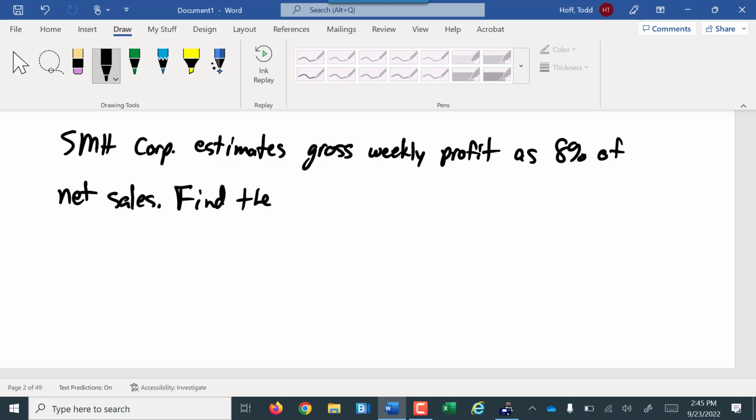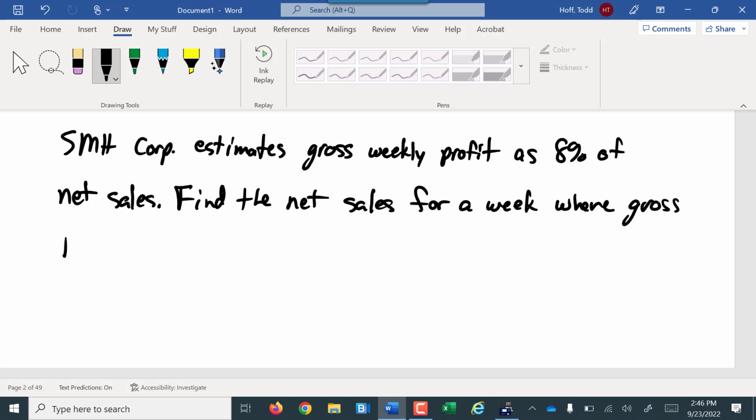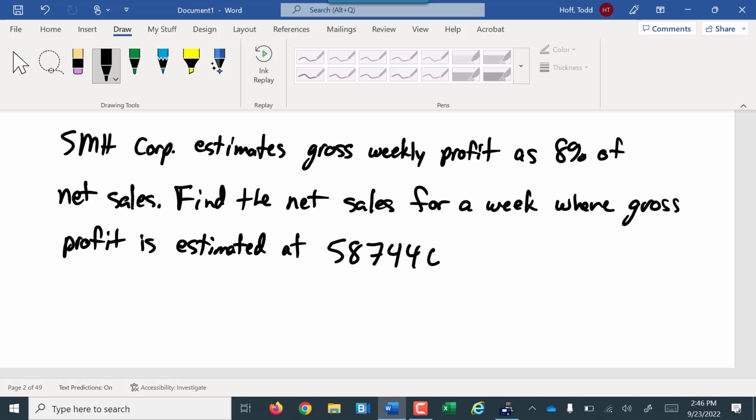Find the net sales for a week where gross profit is estimated at $587,440.